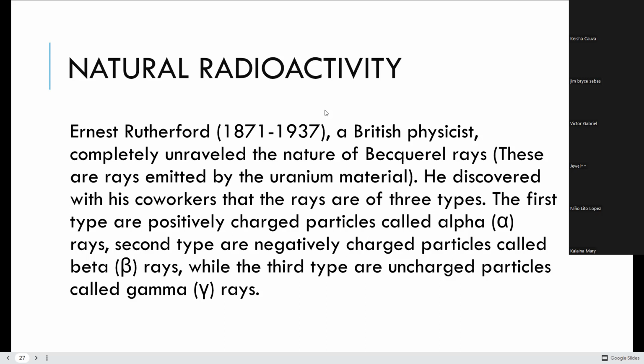Alpha is the positively charged, these are the protons. The second type is negatively charged, the beta rays. Beta is considered the negatively charged, these are the electrons. And of course, the third type is uncharged, meaning neutral, called the gamma rays, which is considered as the neutron.